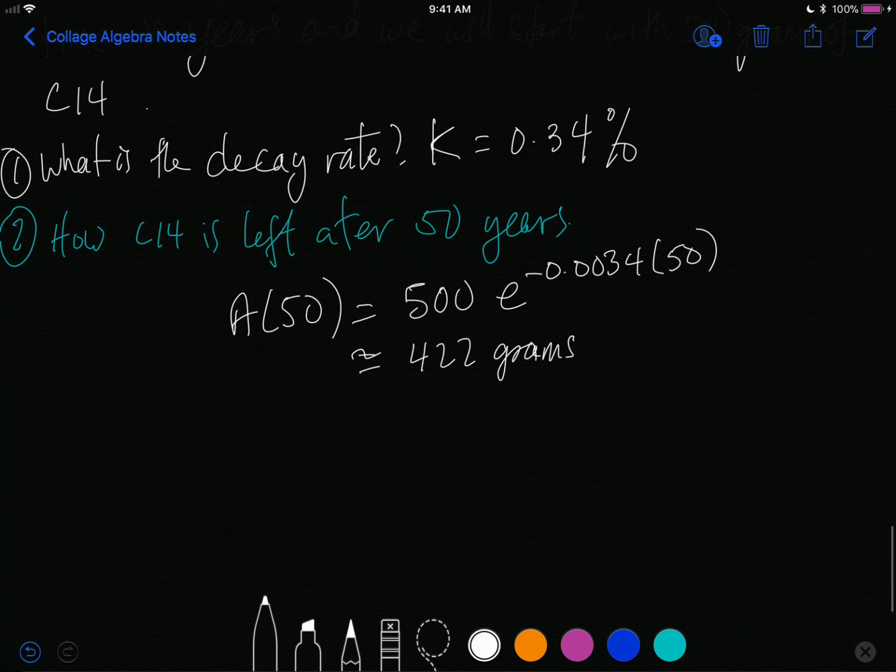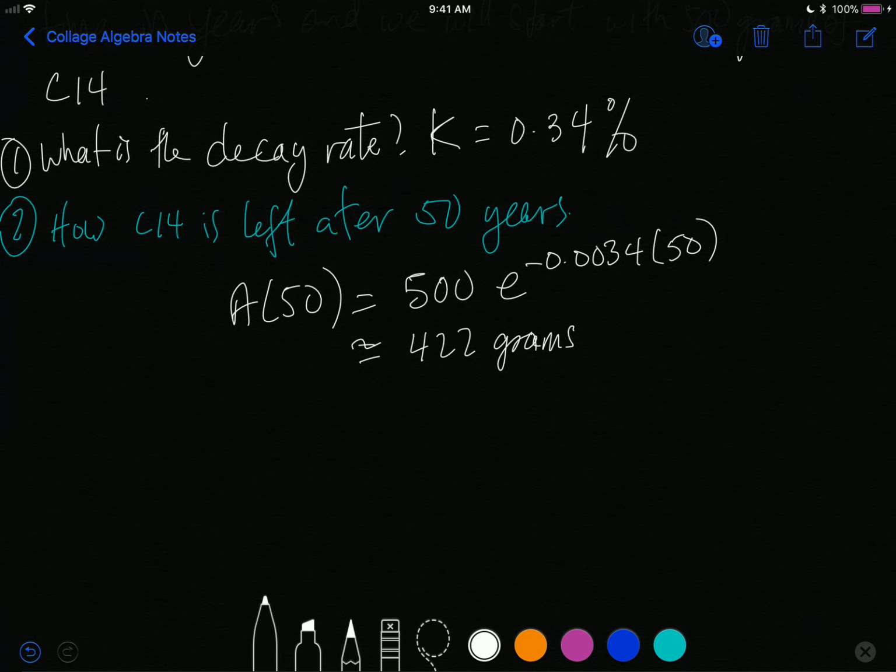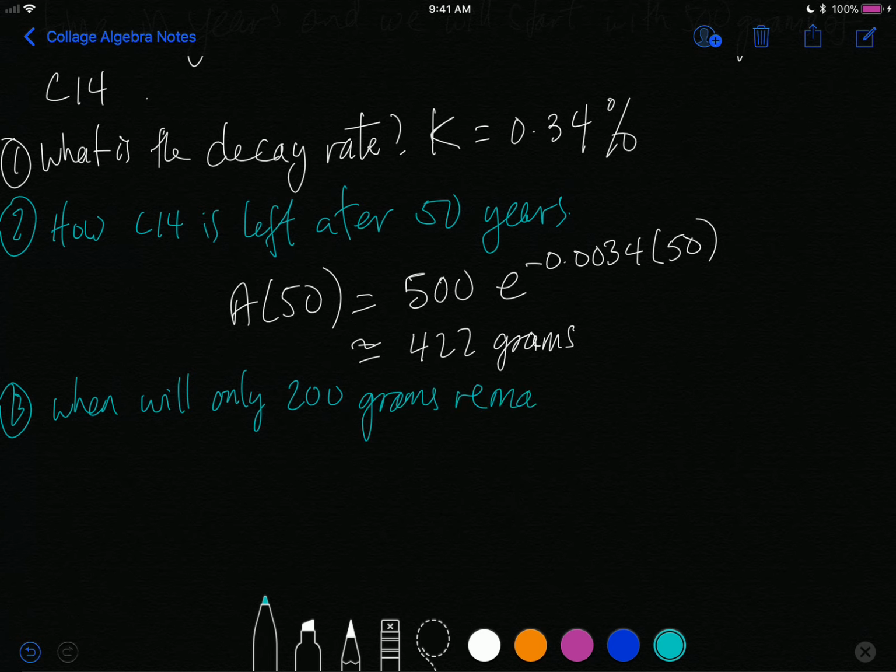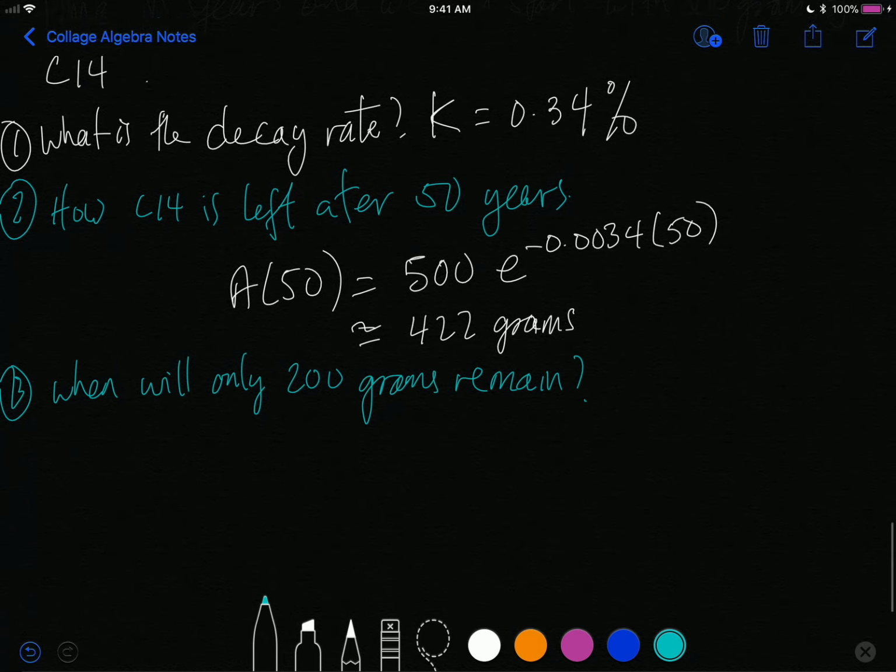On the other hand, when will only 200 grams be left? So if we start at 500, it's going to take us a while to get down to 200, right?